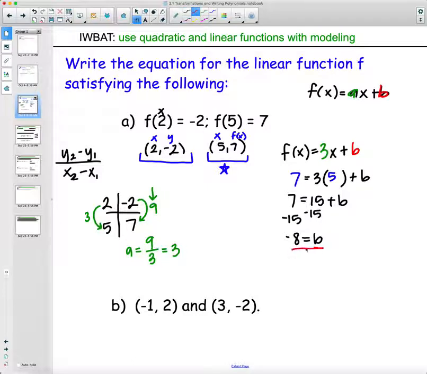Then we'll just plug in the b value and the a value to get our overall function. So we end up with f of x equals 3x minus 8. And that gets you your final answer. Again, you could put y equals 3x minus 8 as well.